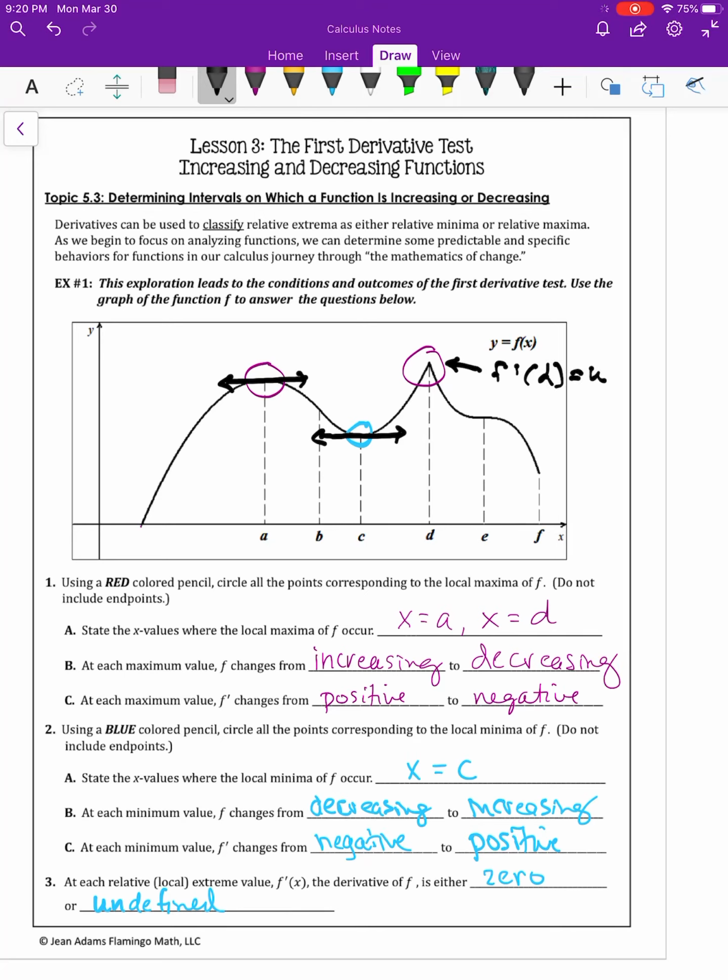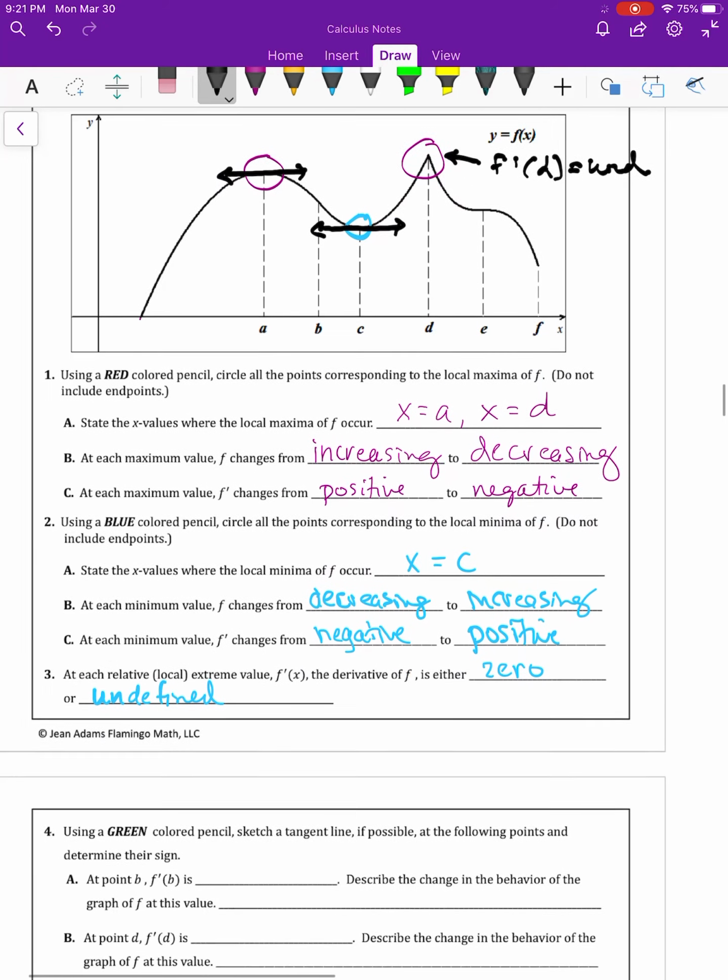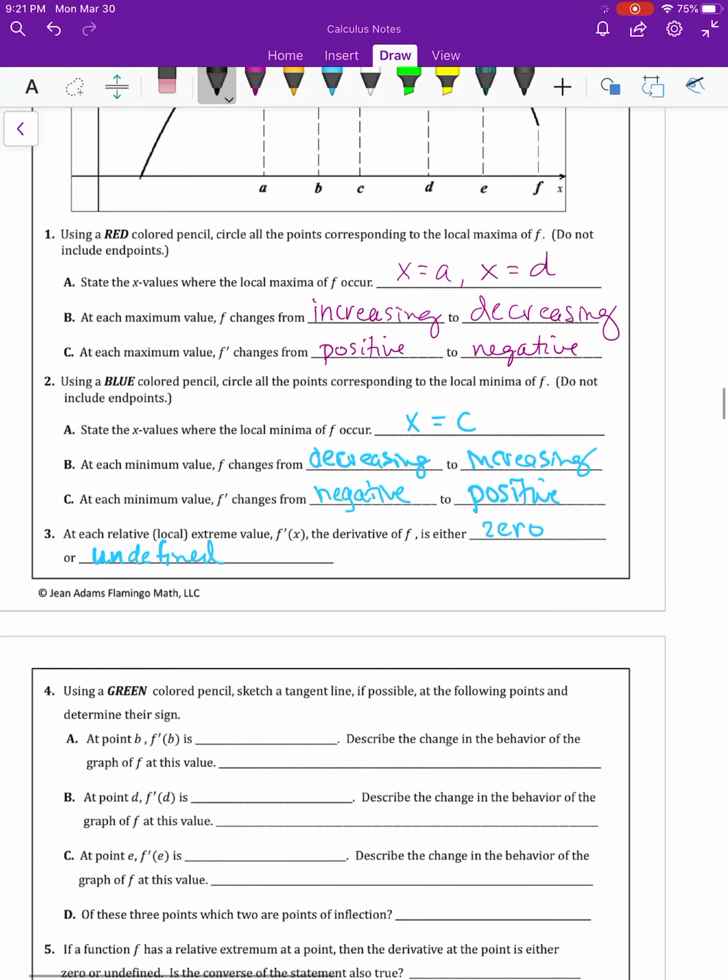I would also have a derivative of 0 here, but the derivative here is undefined. So f prime at d equals undefined. And so you can see that you can have maxes and mins where your derivative is 0 and where it's undefined. And that's something that's really important that you need to be looking at.